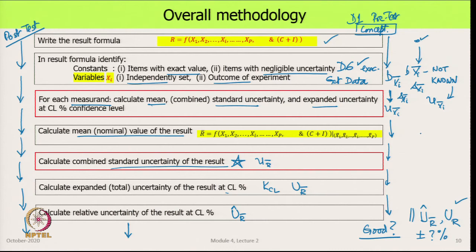So, you say what is the measurement strategy for xi bar or xi, and with that what bxi can I expect? Is that good enough to achieve this? If yes, we are in good shape, otherwise we change this instrument.